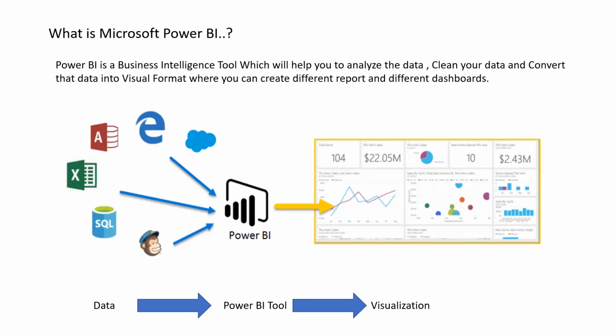In a simpler manner, if you observe the snapshot, we connect the source systems, that is, the data. That data may reside in SQL Server, an Excel file, an Access DB source system, or a cloud-based application.